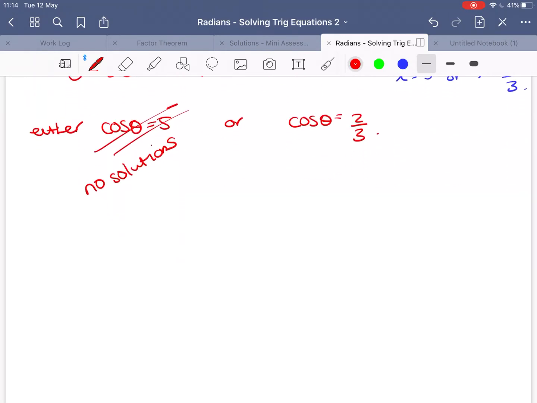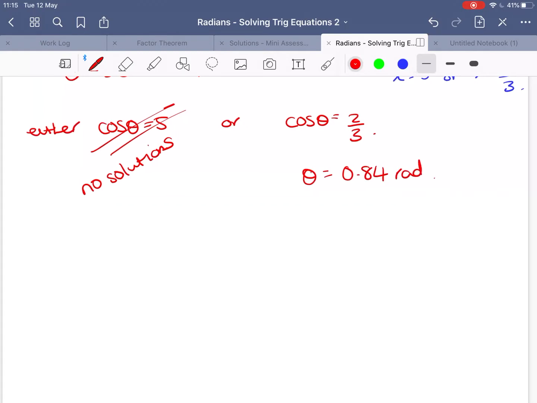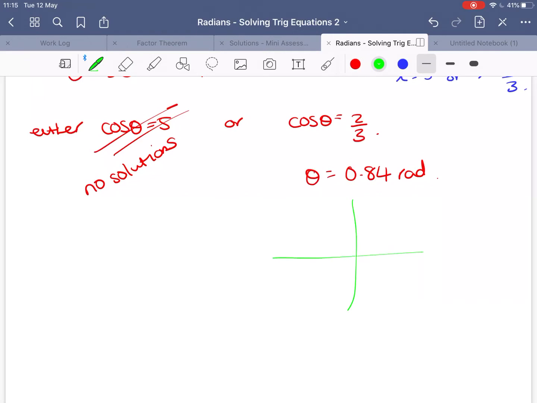So going back to my other one, I've got cos theta equals 2/3. So theta is going to be 0.84 radians when you do the inverse cos of 2/3. And again, we go back to our unit circle. So we've got 0.84 rads or radians.